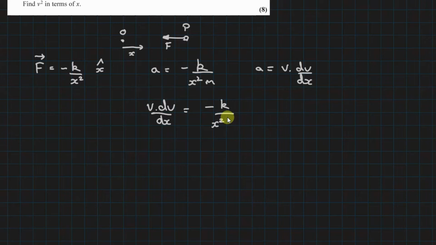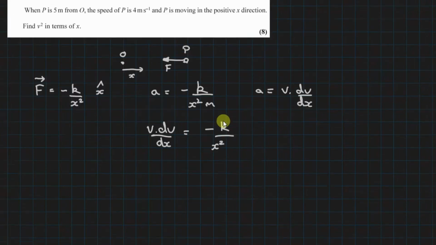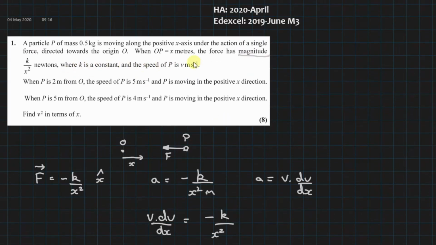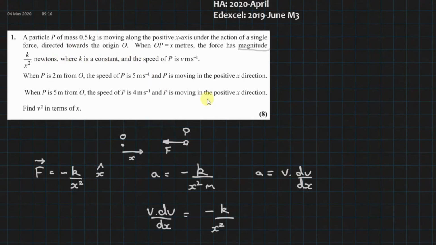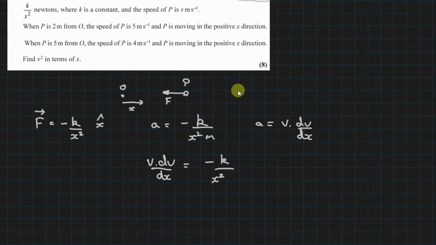What's the force? Oh, the mass is half. Sorry, the mass is half. That's why it's messing around. So with 0.5, that gives us minus 2k over x squared.